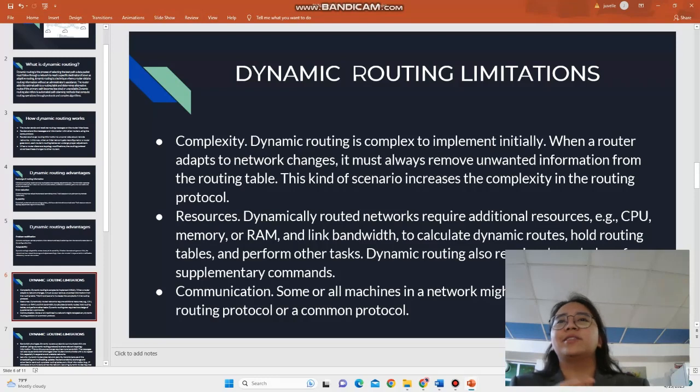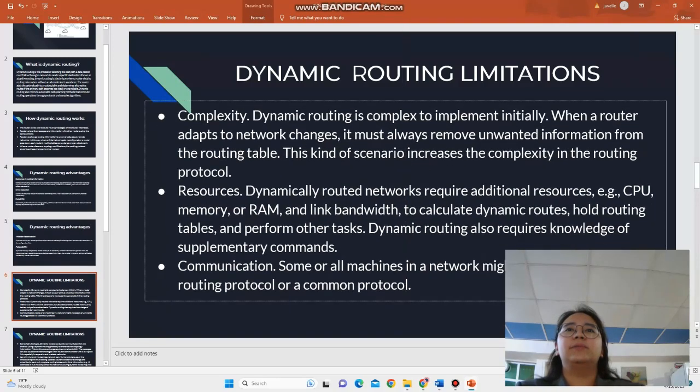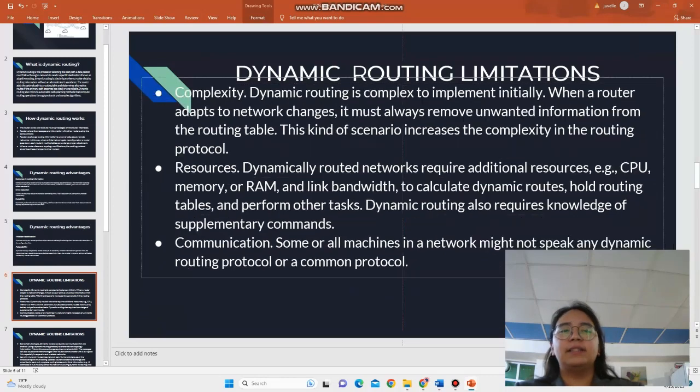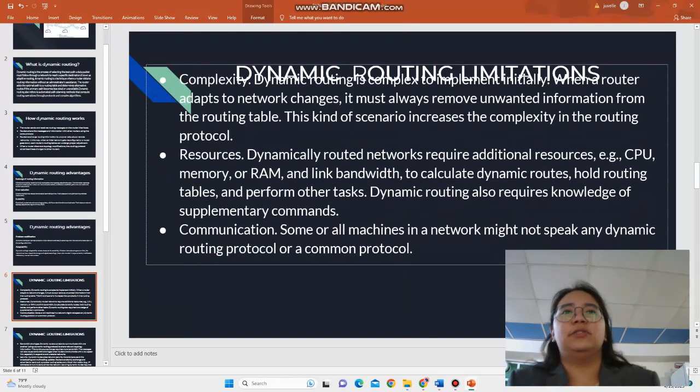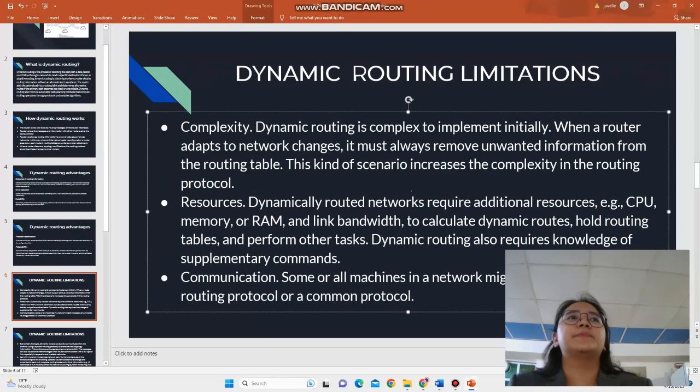Dynamically routed networks require additional resources: CPU, memory or RAM, and link bandwidth, to calculate dynamic routes, hold routing tables, and perform other tasks. Dynamic routing also requires knowledge of supplementary commands and communication. Some or all machines in a network might not speak any dynamic routing protocol or a common protocol.